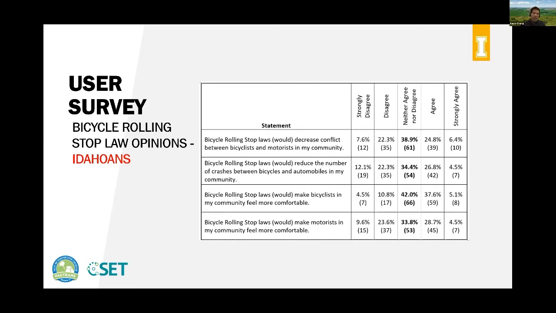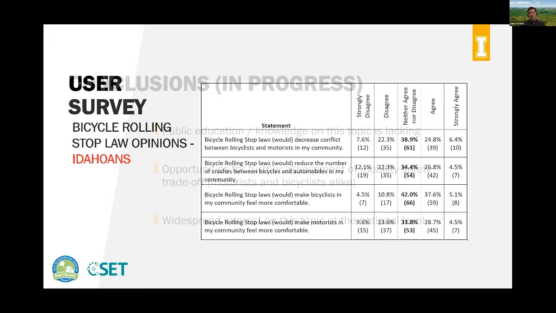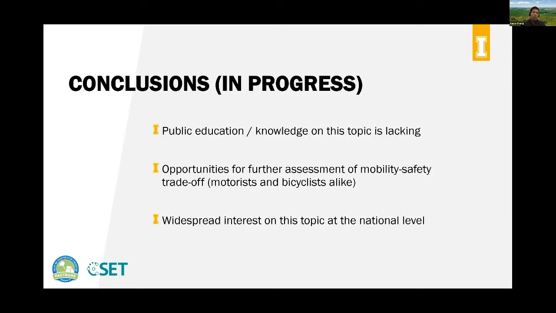So what does this all mean? I think to draw just a couple of initial conclusions, and again, our study is still in progress, public education, and David mentioned this in his presentation as well with regard to his topic, the education and knowledge for this particular topic is indeed lacking based on the initial results that we have seen.